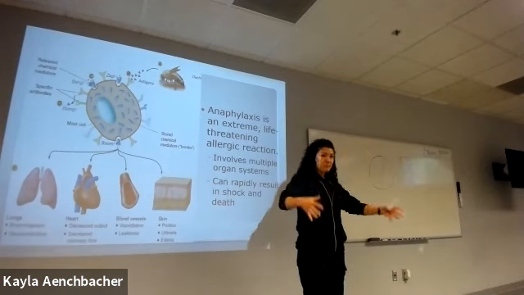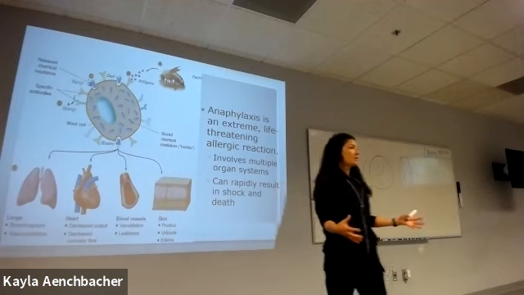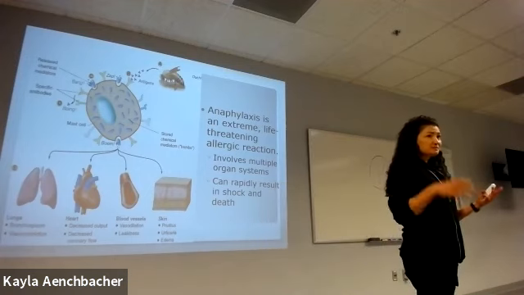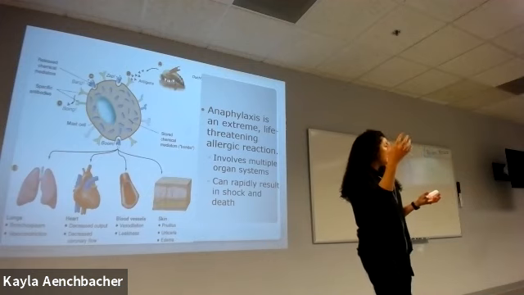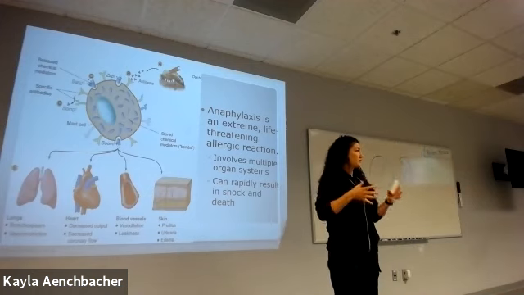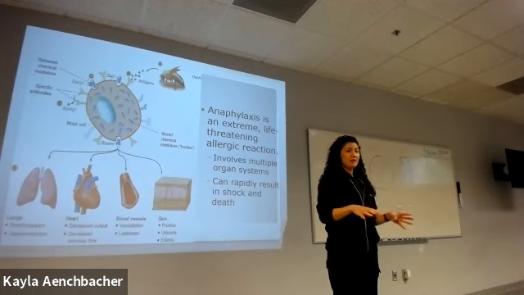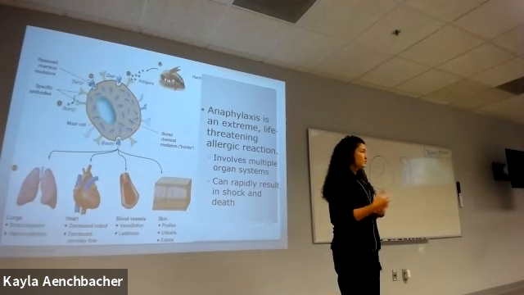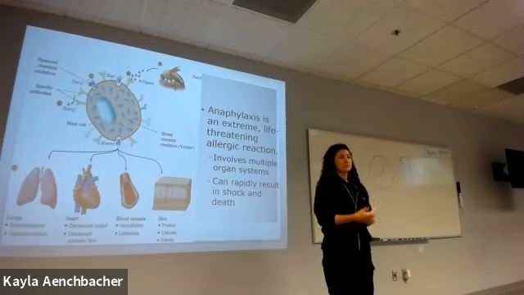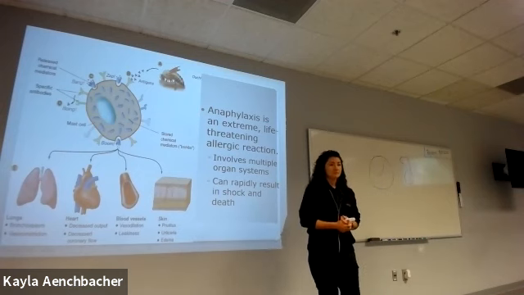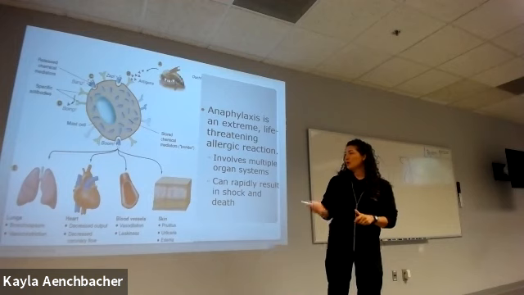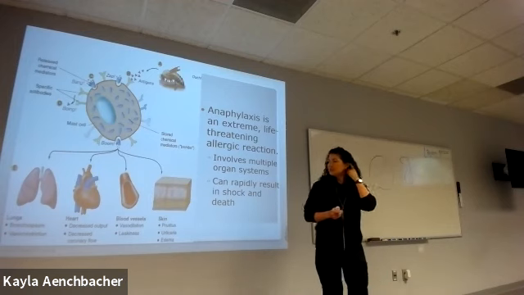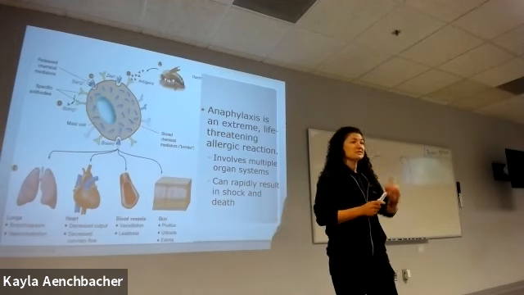We have that vasodilation, and because we have that bacteria that's kind of eating away at our system and our vessels, we have leakiness. We have permeability of those vessels, and you lose fluid even more. Hypoperfusion, not good. Okay, does anybody know what causes the leakiness of the vessels?